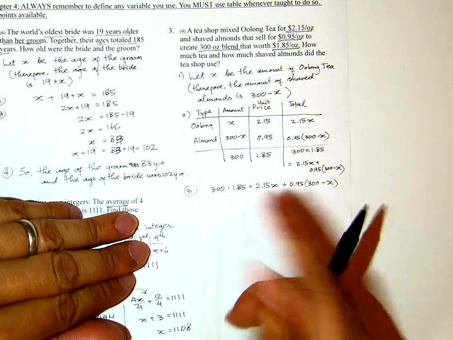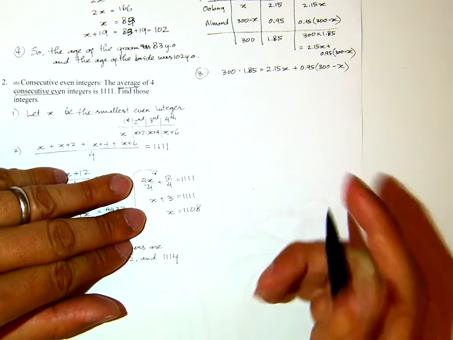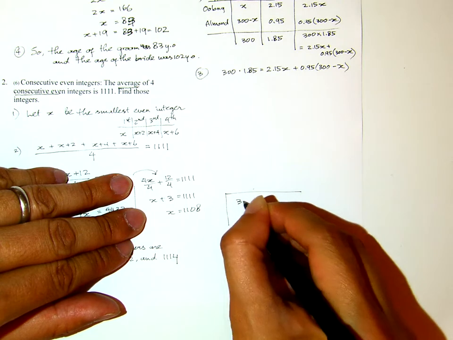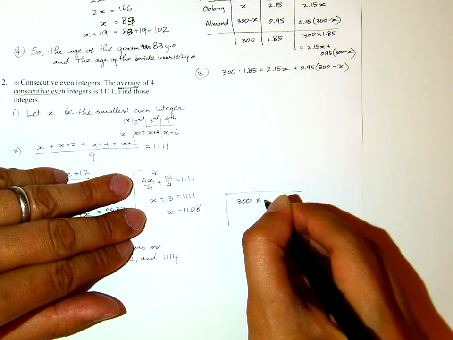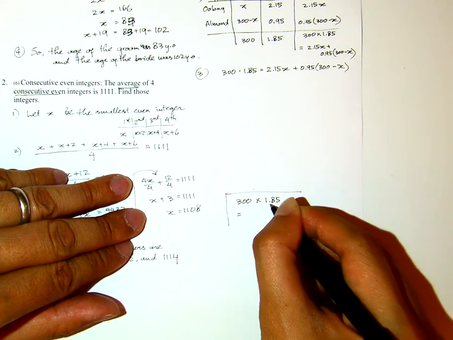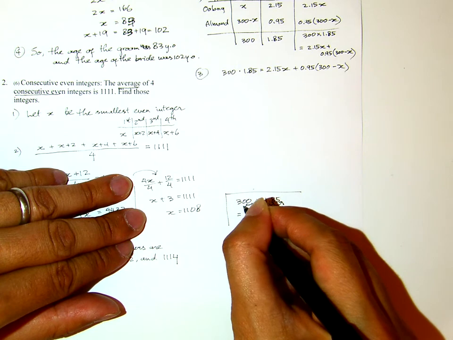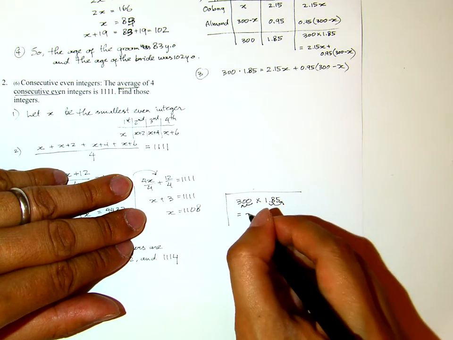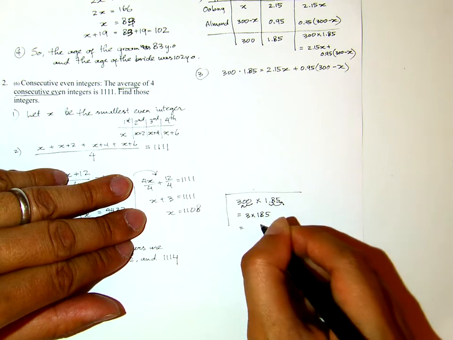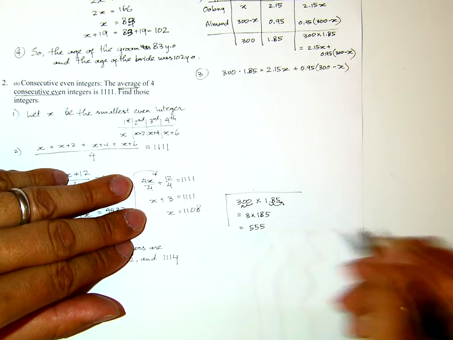So to multiply this is the same as to multiply 300 times 1.85, moving two decimal places here and the opposite direction here. There will be 3 times 185. It's 15, 24, 25, so 555.